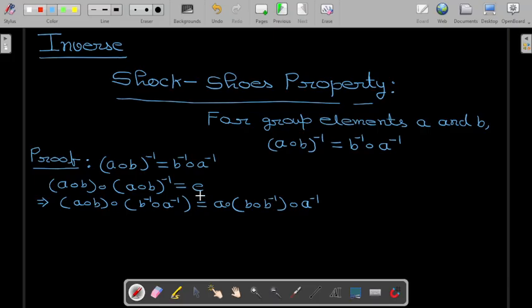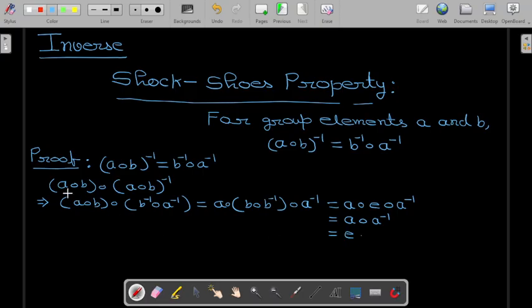Here we are going to prove this identity, we'll show these two identities. So A composed identity composed A inverse, that is equal to A composed A inverse, that is equal to the identity element.